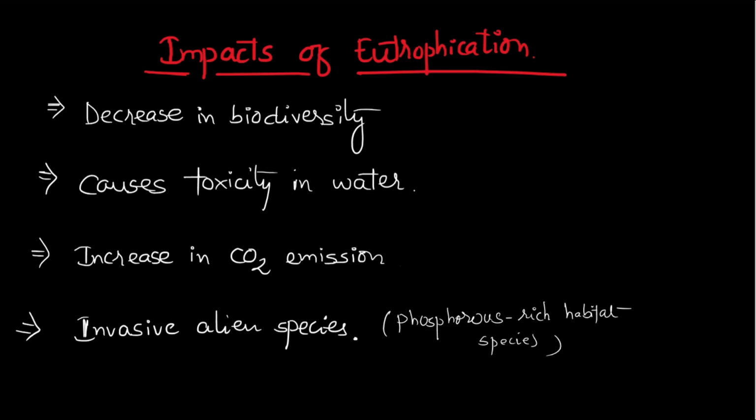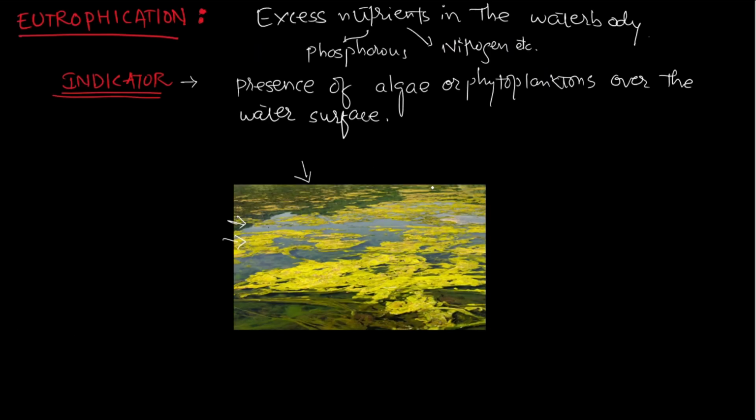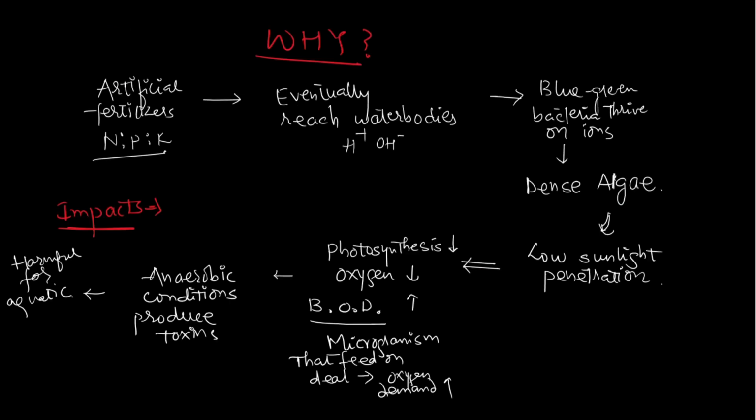Now the next impact of eutrophication is increase in CO2 emission. Now how exactly does this take place? Now see, this is the algae. Now in this cycle, we see that since the BOD increases and the amount of oxygen decreases, and since the species are not able to get oxygen, they eventually die.